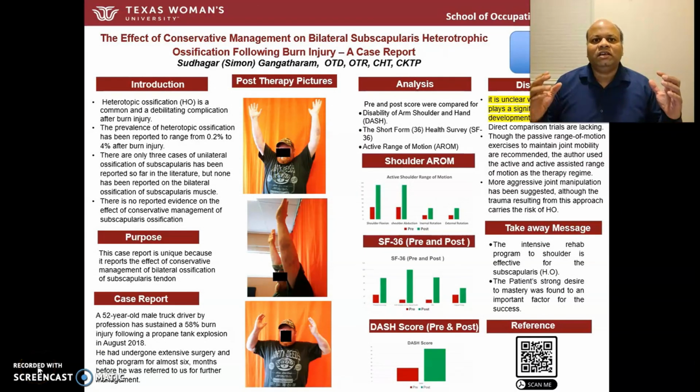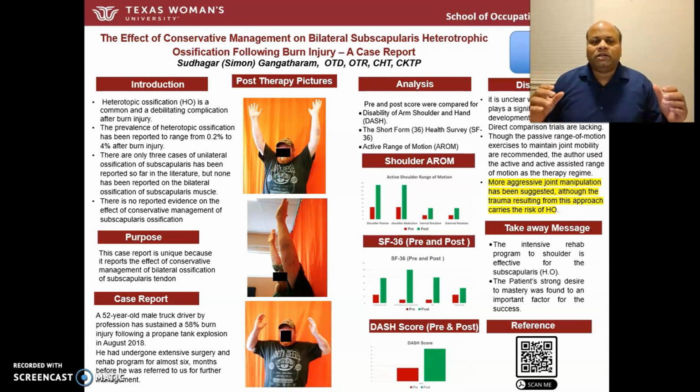If you look at the literature, it's very unclear whether conservative management is effective for heterotopic ossification. There are 2 schools of thought. Some authors believed in passive range of motion exercises, while others believed in more aggressive joint manipulation, even though the risk for heterotopic ossification is greater with joint manipulation.